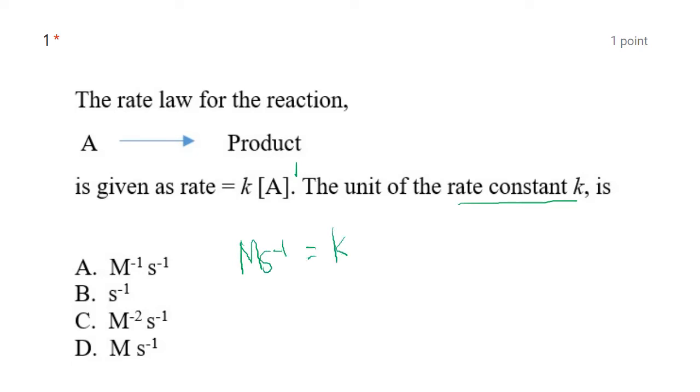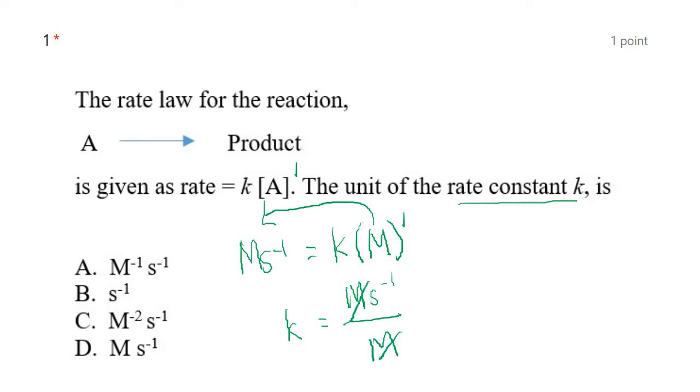And then the unit for concentration of A is molar with the power of 1. So from here we just move the molar to the left hand side. So it becomes molar per second over molar. So molar and molar cancel out, so the unit for rate constant is per second.